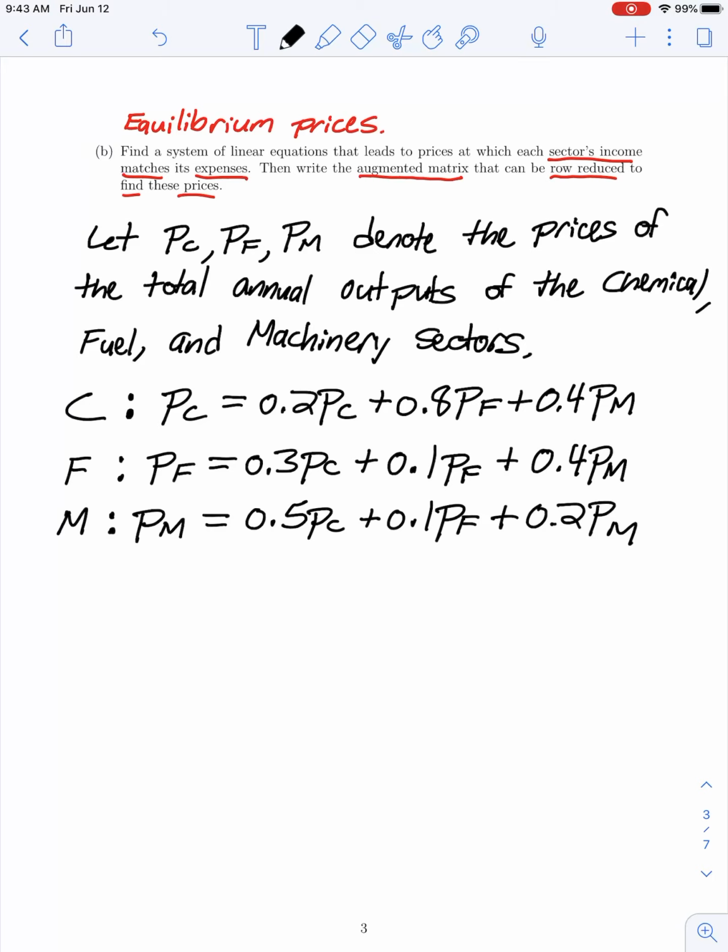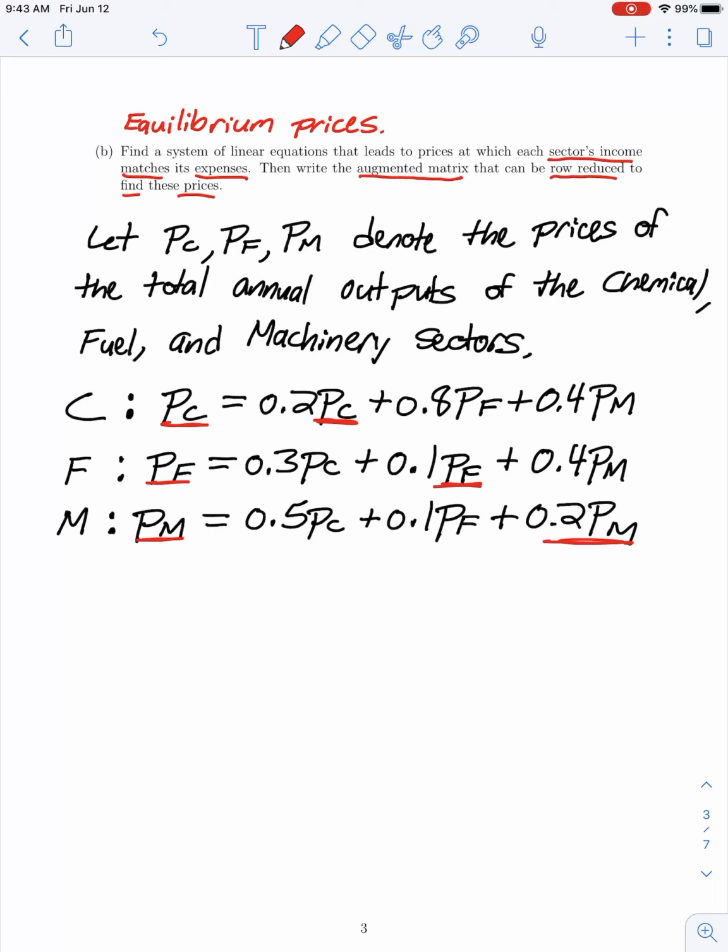So here we have a system of linear equations, but notice in each of these equations, we have some variable which appears on both sides of our equation. So to simplify this system, we might move all of our variables to one side of the equation to make this a little simpler. For our first equation involving the coal sector, I'm going to move everything to the left-hand side.